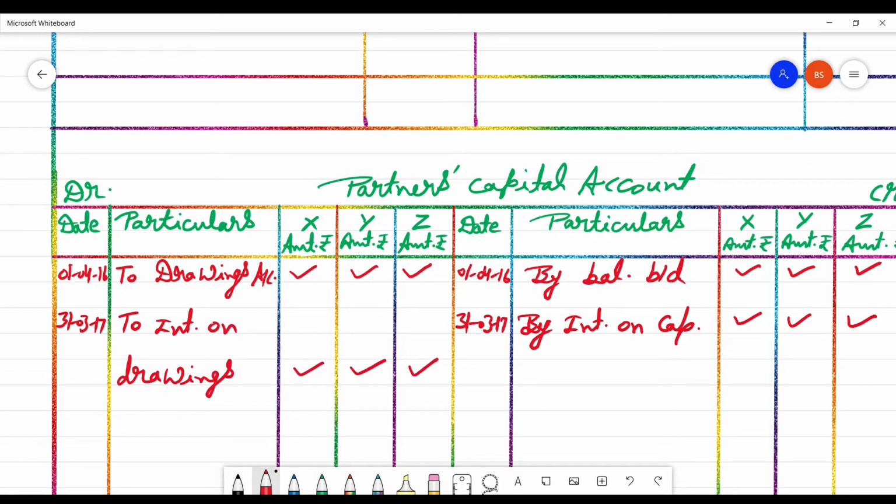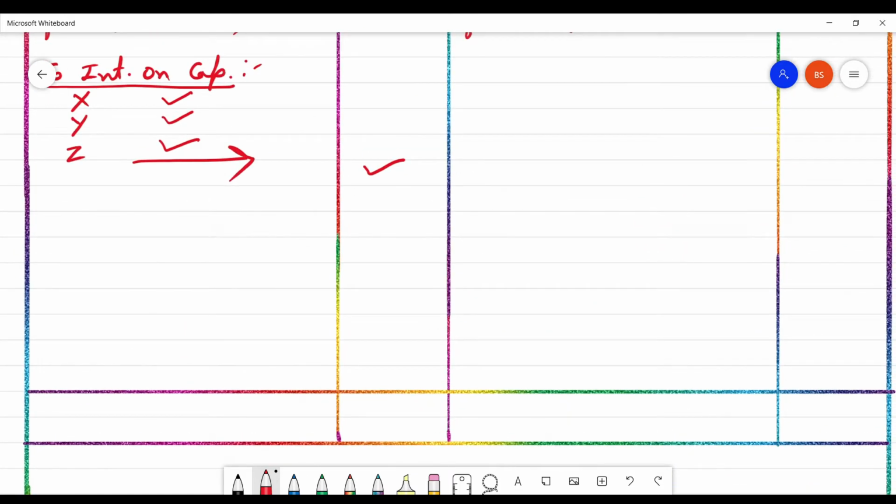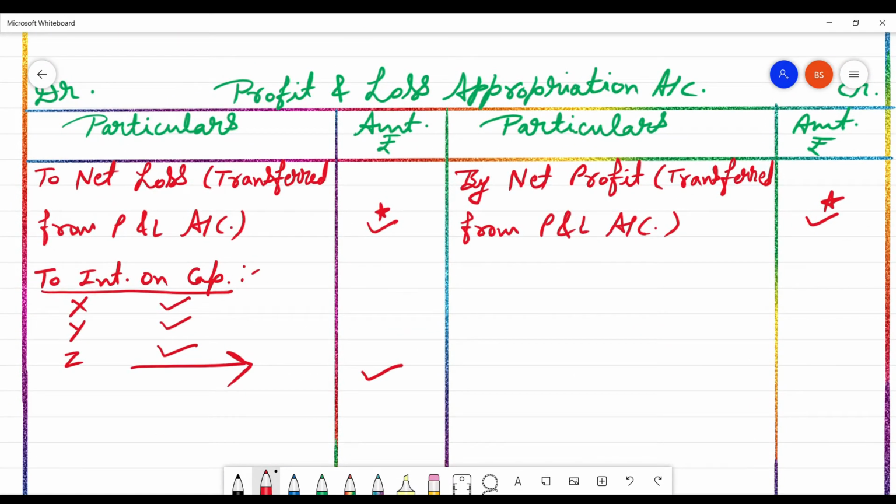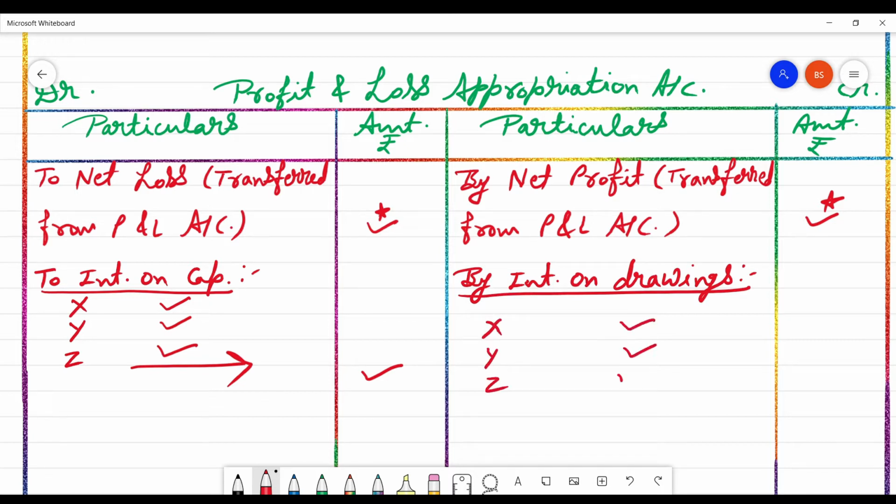And the second entry will be recorded on the credit side of the profit and loss appropriation account, "By interest on drawings", for X, Y and Z. Only these two entries are recorded on the credit side of the P&L appropriation account: net profit and interest on drawings.